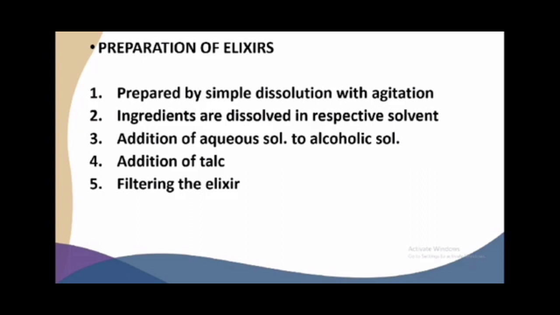So meaning alcohol-soluble components are being dissolved in alcohol, meanwhile the water-soluble components are being dissolved in water. So both the alcohol and water are dissolved separately to maintain the optimum alcohol strength and to avoid separation of alcohol-soluble ingredients.